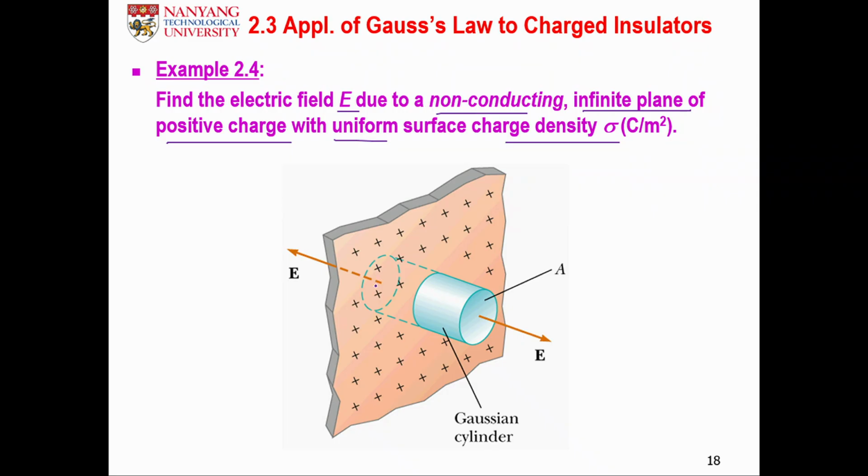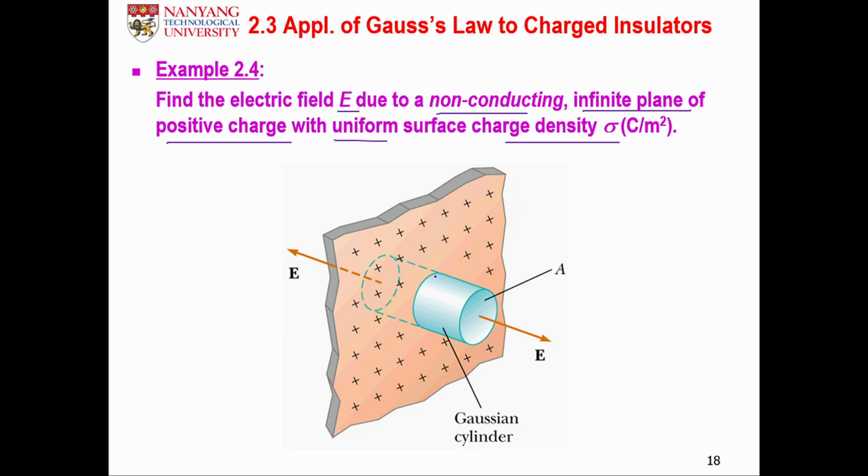And again, why is this Gaussian cylinder a proper Gaussian surface? You will need to do some practice, and later you can have this kind of intuition to construct a proper Gaussian surface. Like in this case, the so-called Gaussian cylinder is basically a cylinder. Part of the cylinder is above this charge plate.